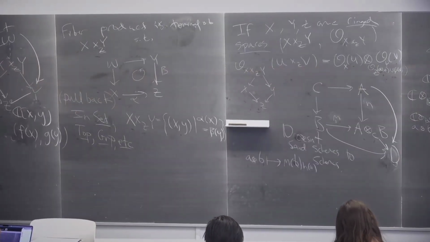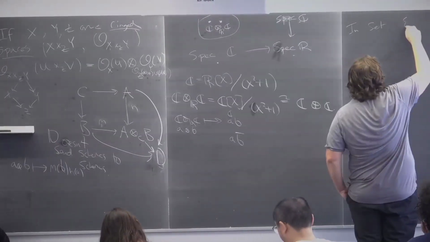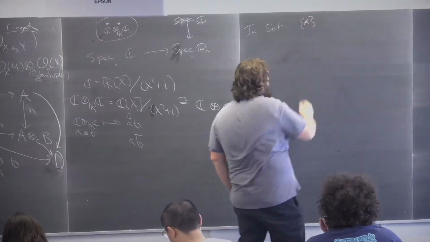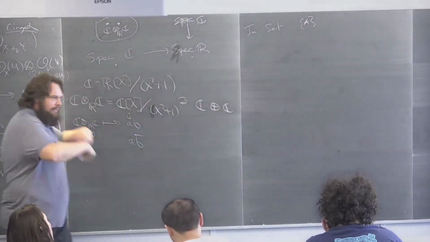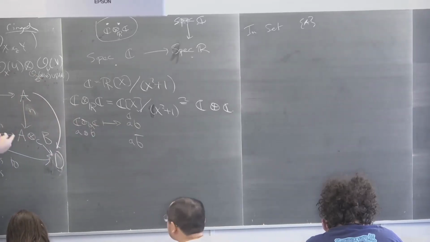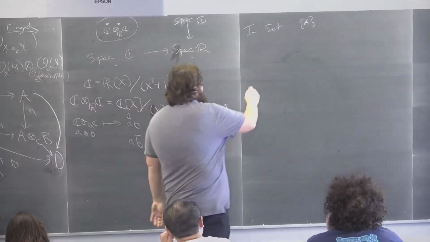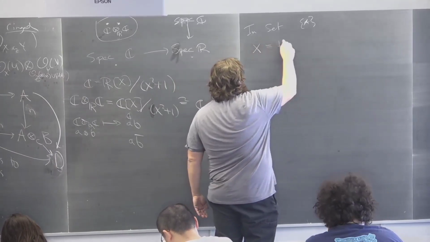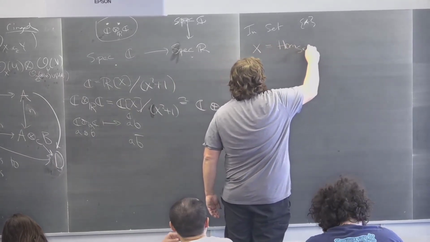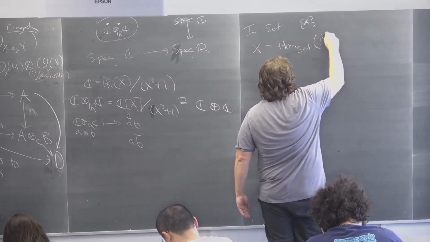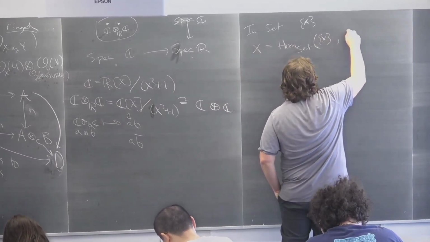So in set, there's an object called point, and the underlying set of a set is the same as Hom from point into that set. So X is equal to Hom of sets of point into X.